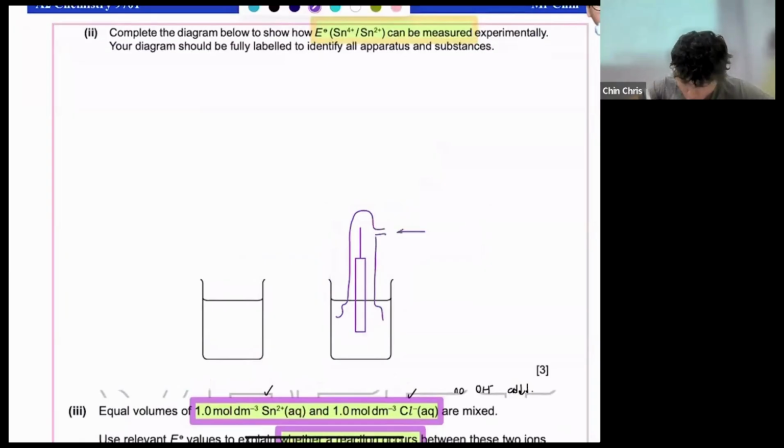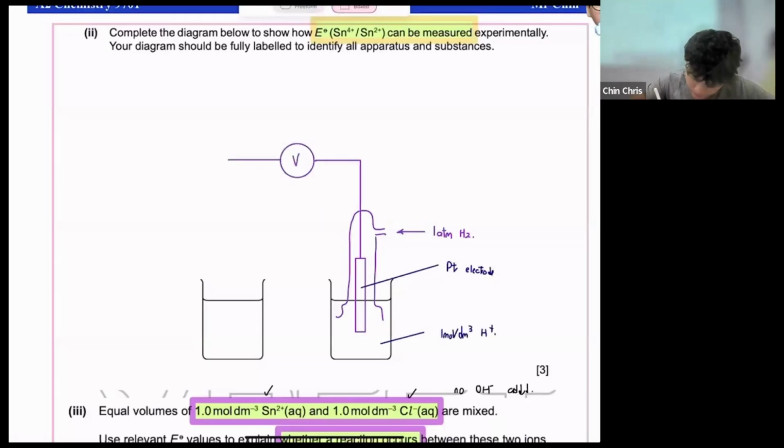Your hydrogen is always 1 atm of hydrogen gas. And guys, remember, we must use a Pt electrode. Your electrolyte is also 1 mol per dm cube of H+, correct? That is connected to a voltmeter, guys. Not a cell. Don't draw a cell here. It's a voltmeter.